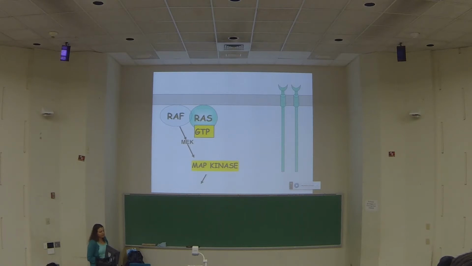MEK phosphorylates MAPK or MAP kinase. So MEK is a kinase. All right, so we see that signal transduction again. We get activation, phosphorylation of a kinase to activate it, phosphorylation of another kinase to activate it, etc. All right, MAP is short for mitogen activated protein kinase.